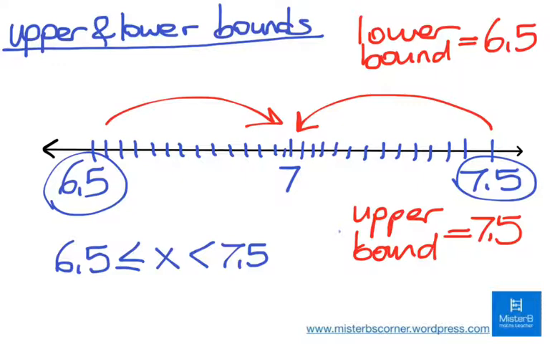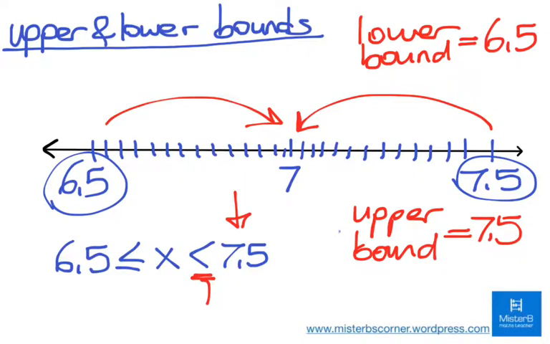But of course 7.5 here will not be included. I can't include 7.5, because if I try to round 7.5 to the nearest number, I will end up with 8, right? So I can't include in this inequality 7.5, but I can still use it as an upper bound. And also in problems I can use it as an upper bound too. So I can make calculations with 7.5 as an upper bound.